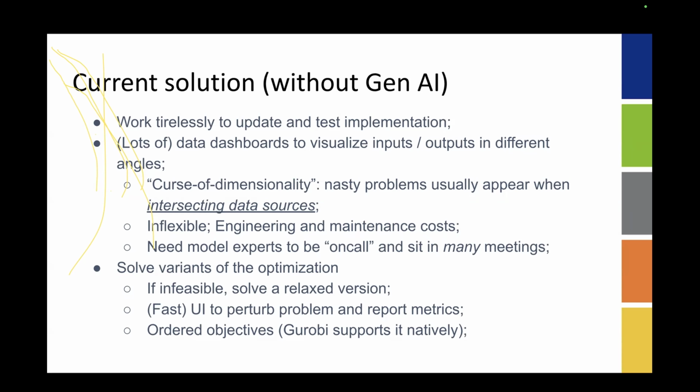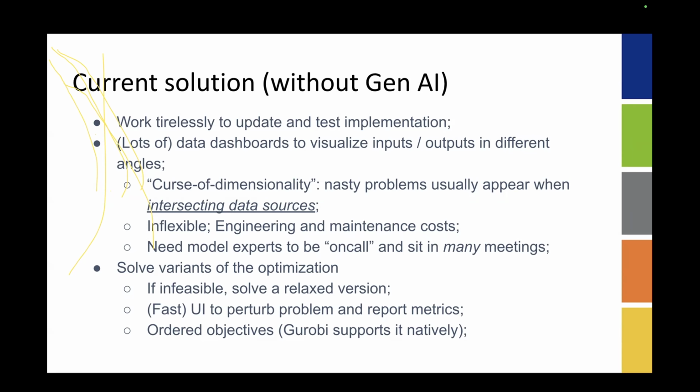So if it is infeasible, we solve a relaxed version, and then comes the question of which constraint you should relax first. So you have to order all of the constraints and relax them one by one. That's one kind of challenge, or it takes much more time to solve those variants of the optimization.